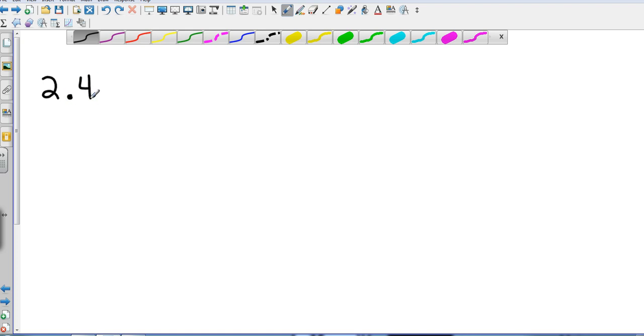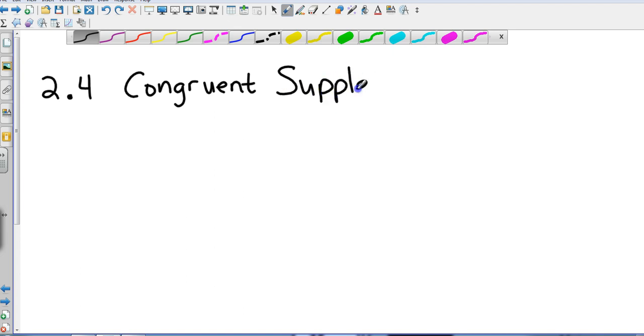The next one is going to be, I bet you didn't figure that it was going to be 2.4, but if you did, that's cool. So this is the congruent supplements theorem. And this is going to state, let me put it in writing.